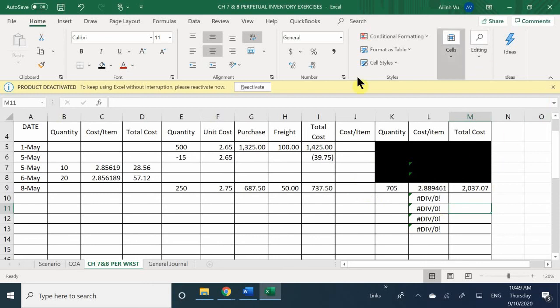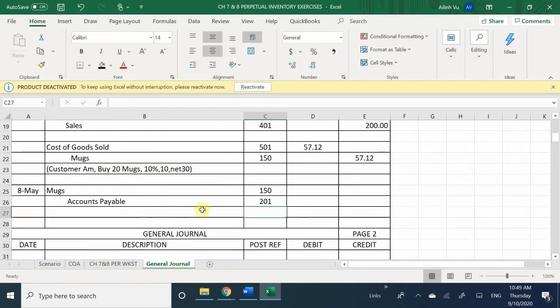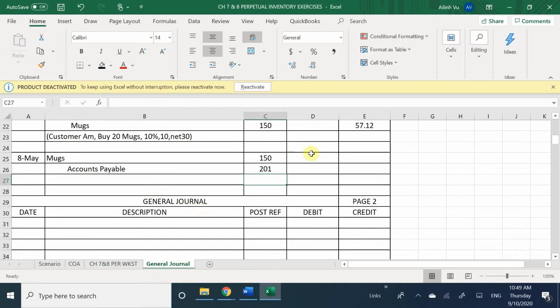Okay, good. So now we calculated how much our total purchase price is, and we also have our total cost. Because we're dealing with perpetual inventory, we know that we're going to owe a grand total of $737.50. So let's go back to our journal and indicate that right there.